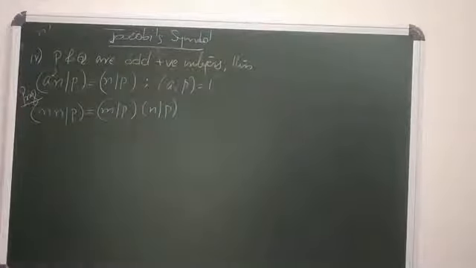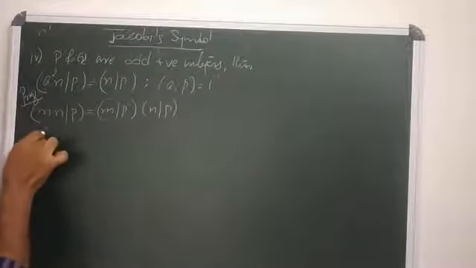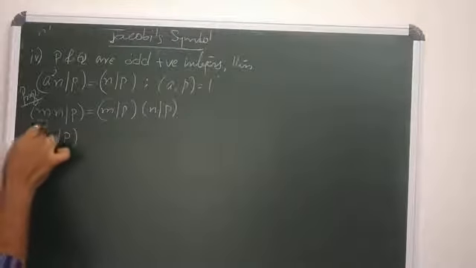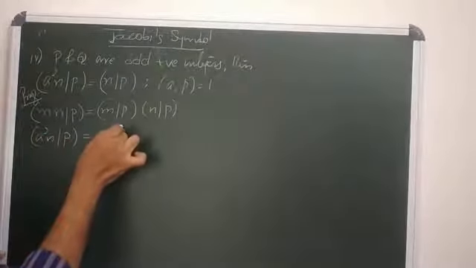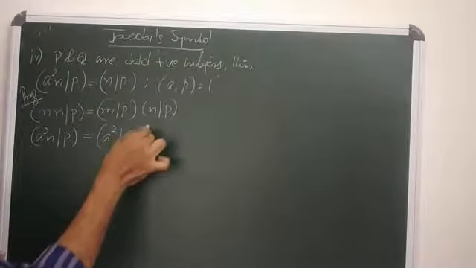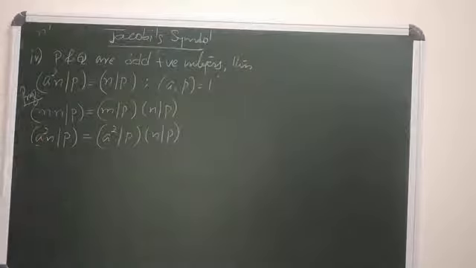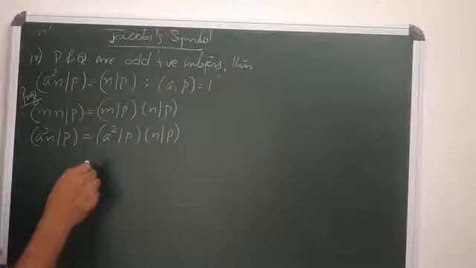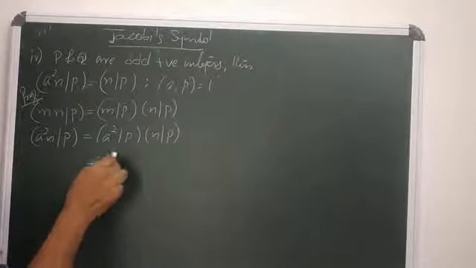Agree? So by using this property, (a squared n/p), where p is a positive odd integer, equals (a squared/p) times (n/p), in light of the first property of the Jacobi symbol.